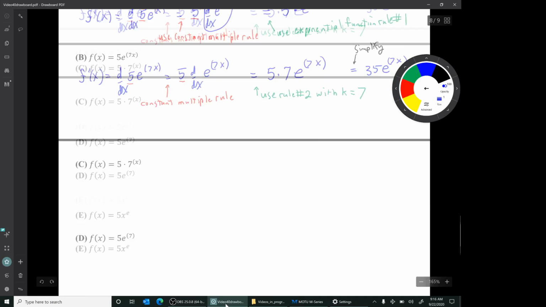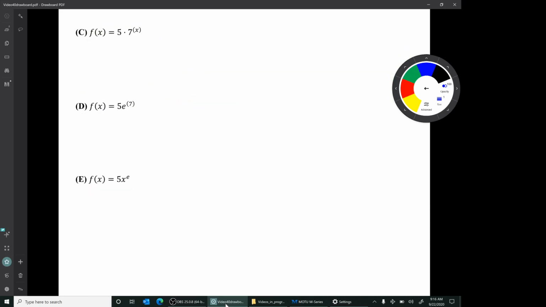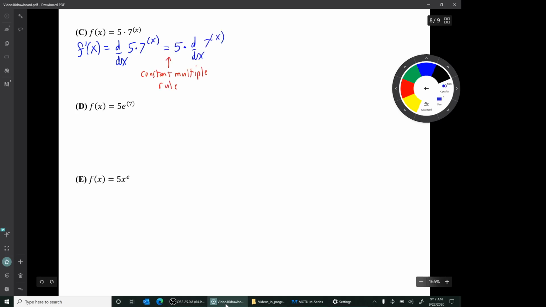Let's go on. Question C, f of x is 5 times 7 to the x power. We need to find f prime of x. Now look, we've got sitting here something that looks like the left side of rule 3.